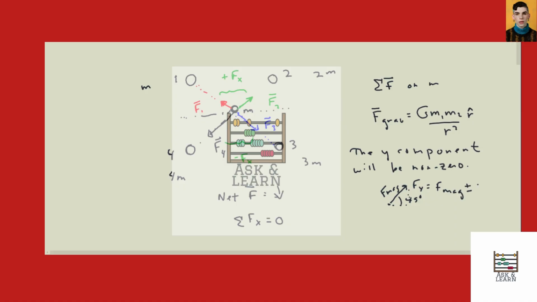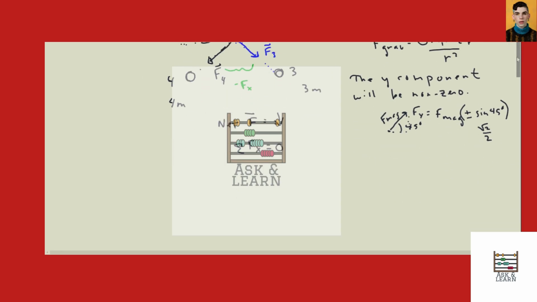And that'll be either a plus or minus sine of 45 degrees, depending on whether the arrow points up or down. So sine of 45 degrees is the square root of 2 over 2. Fairly easy thing to do.